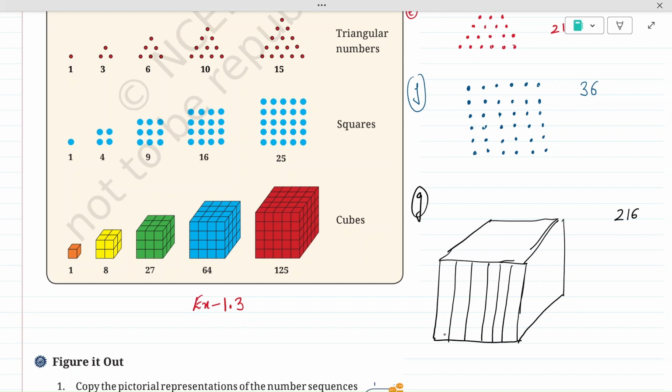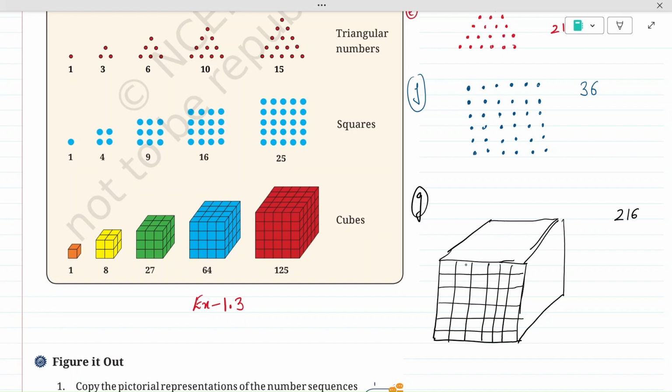So that means we have 6 boxes. 1, 2, 3, 4, 5, 6, right? Similarly, horizontally also, we have to make 5 separators. 1, 2, 3, 4, and 5. Okay. So we can see this side 1, 2, 3, 4, 5, 6, 1, 2, 3, 4, 5, 6, 1, 2, 3, 4, 5, 6.